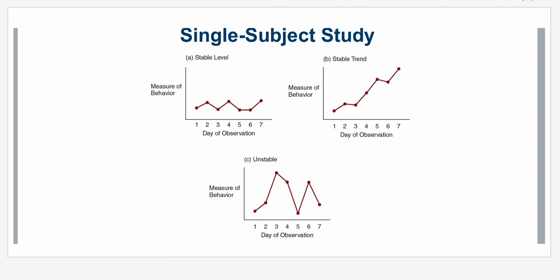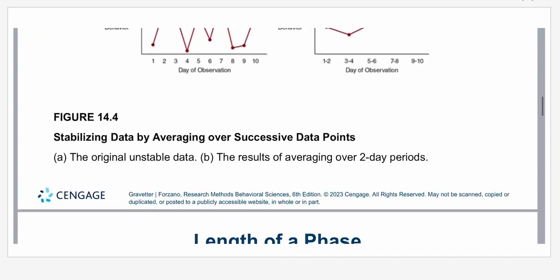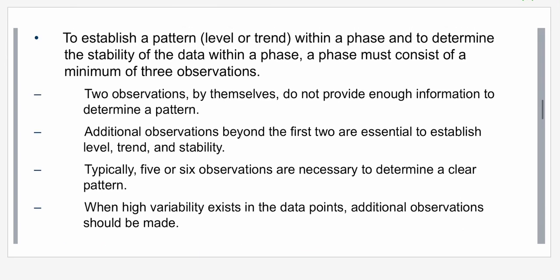We would have no idea because they all look the same. It's when we increased our observations from 2 to 3, 4, 5, 6, 7 to where we can see these trends. So additional observations beyond 2 are necessary, essential, to be able to see the level and the trend and the stability of the data.